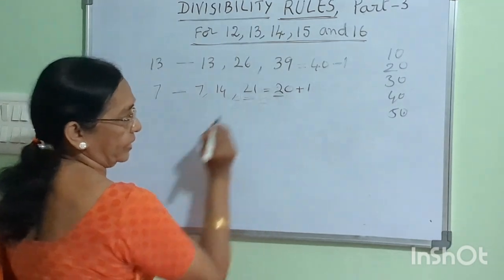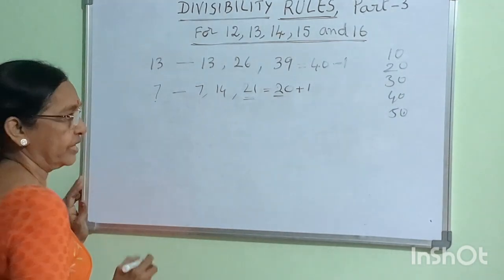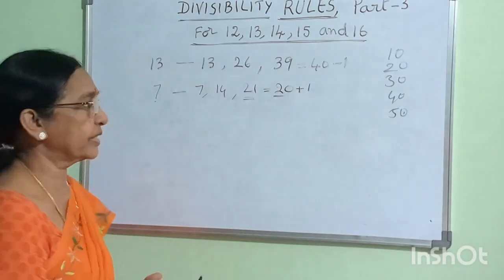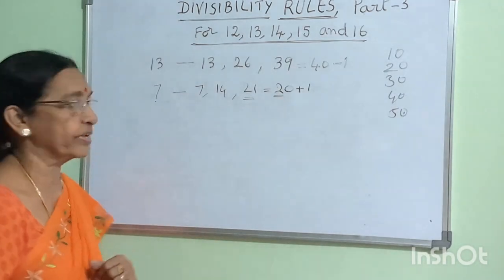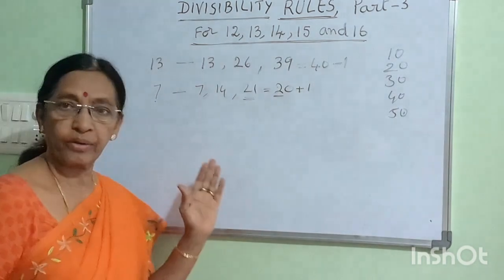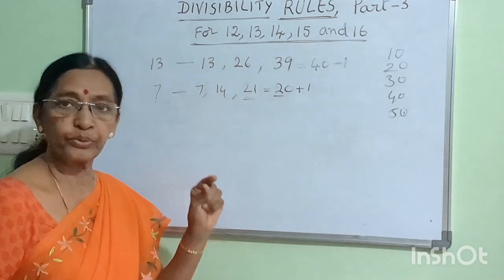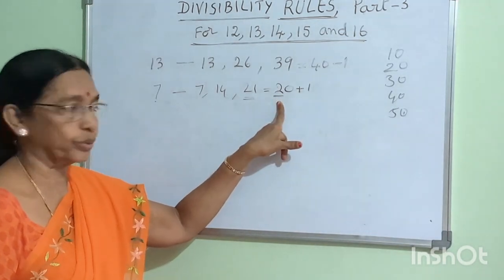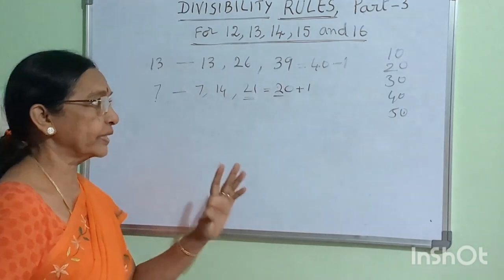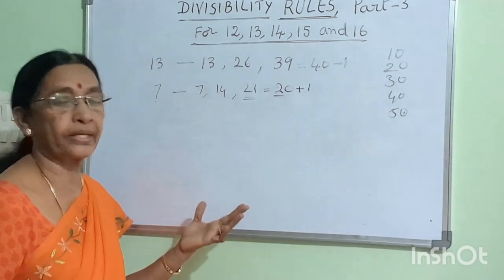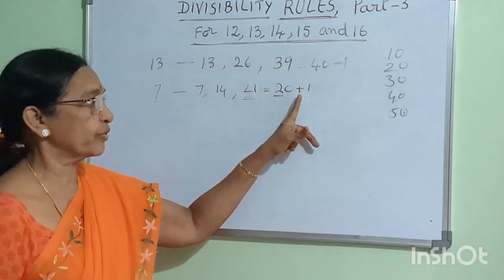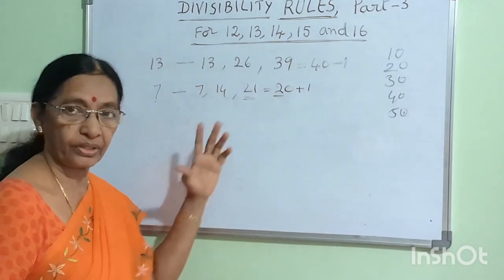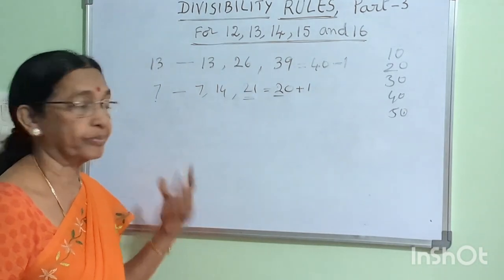Therefore, the osculator is 2 for 7. To test whether a number is divisible by 7, we multiply the units digit by its osculator 2 and subtract the product from the remaining number, because here we got plus 1.